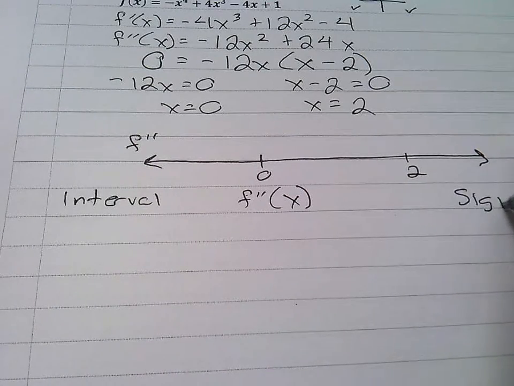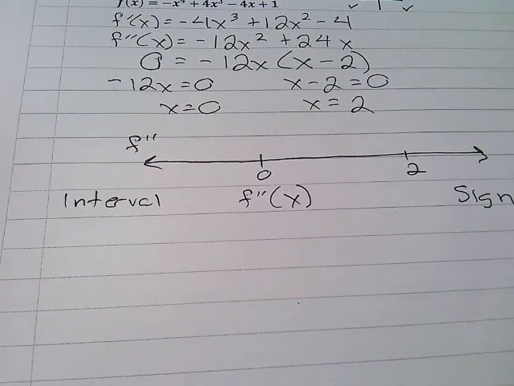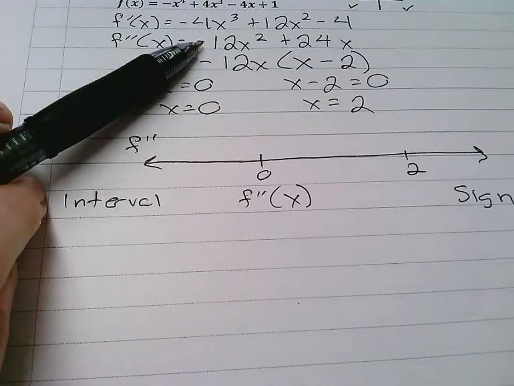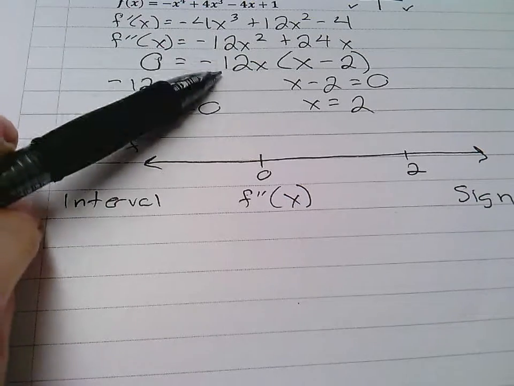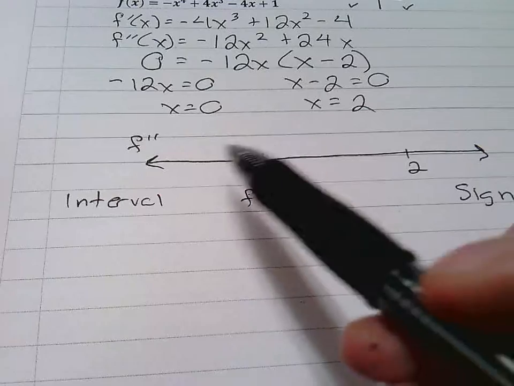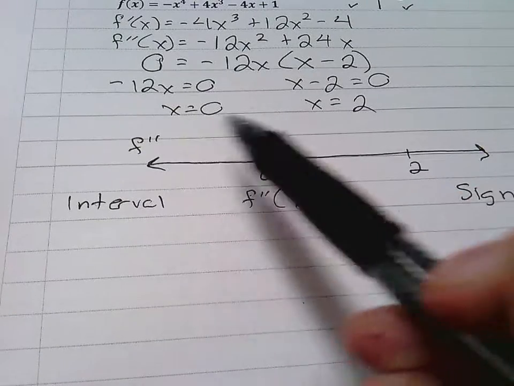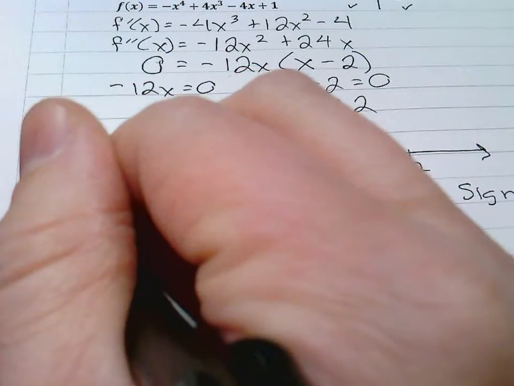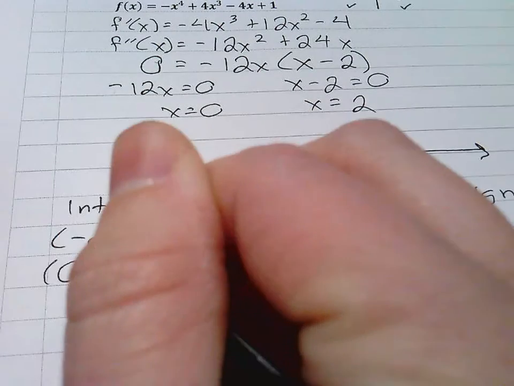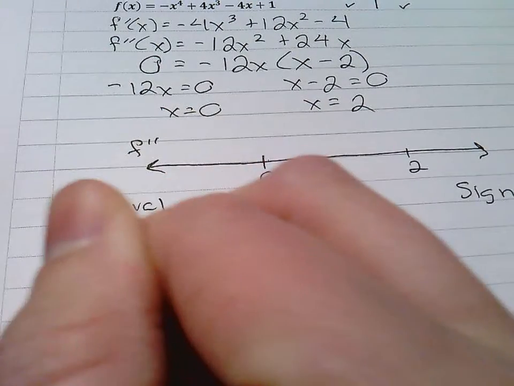Always remember, instead of using this one when you're checking your positives and negatives, use the factored form. It's easier. So we have the intervals from negative infinity to 0, 0 to 2, and 2 to infinity.